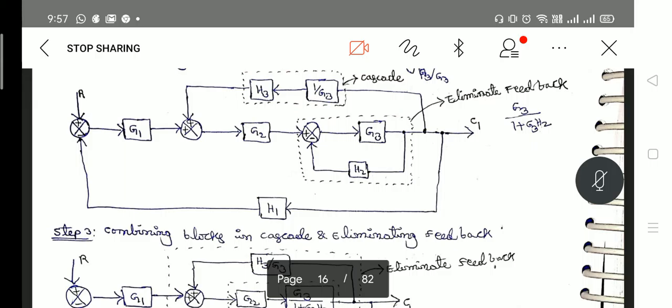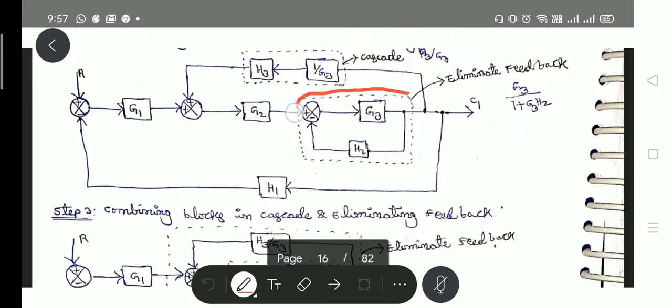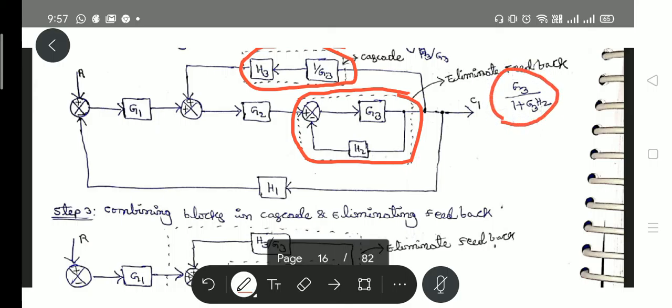So these both are an eliminating negative feedback loop and these both are in cascaded connection. So first cascaded this one H3 by G3 and eliminating the feedback loop is G3 by 1 plus G3 H2. Okay.